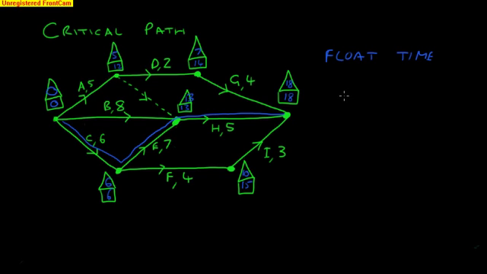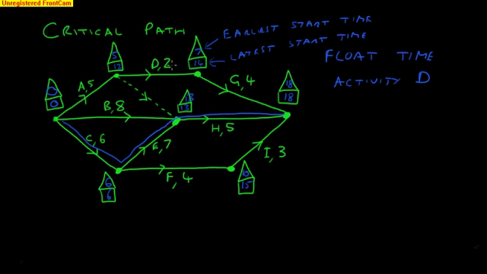Let us find a float time for activity D. So when you have these little boxes, the top one is the earliest start time. Bottom one is the latest start time.